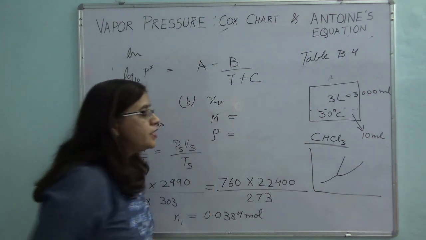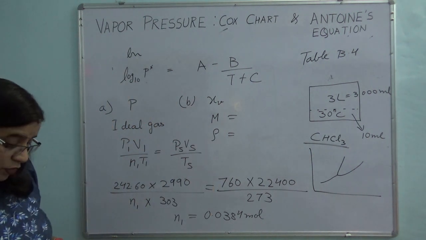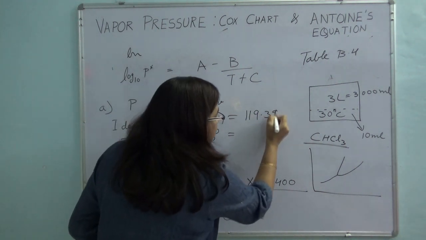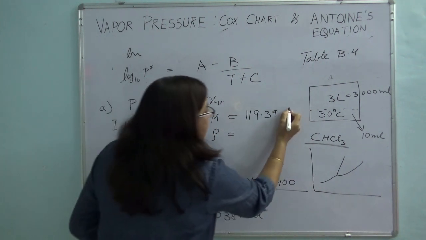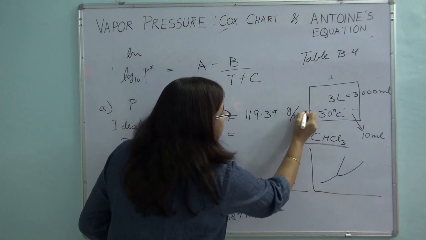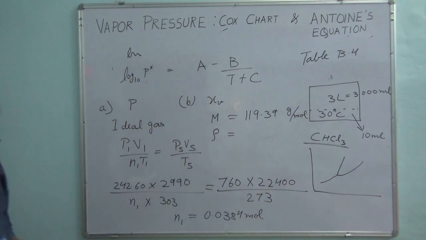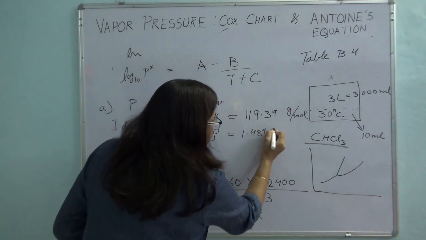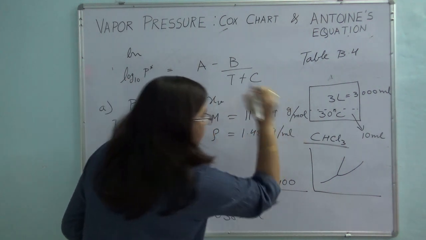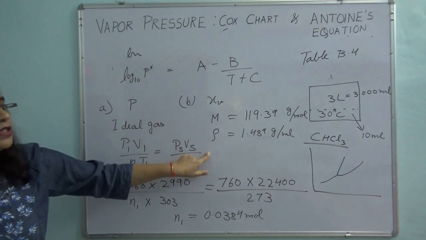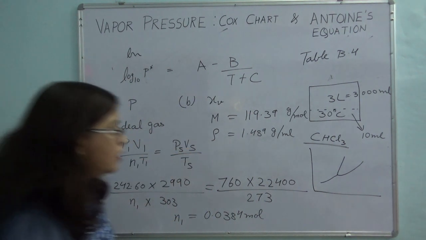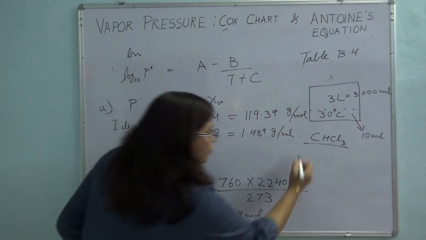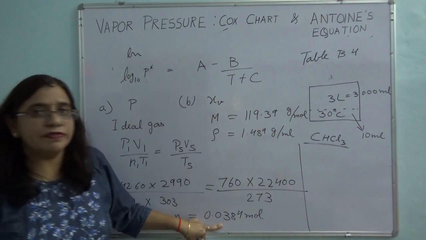So the molecular weight of chloroform is the listed value 119.39 grams per mole, and the density of chloroform is listed as 1.489 grams per ml. Okay, so if these values are given, then I can calculate how much is the mass of the vapor and how much is the mass of the liquid.